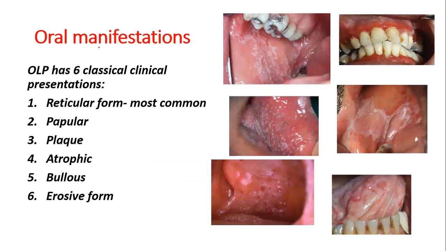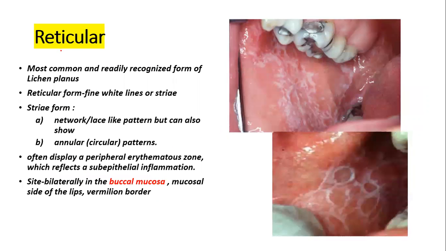So getting into the oral manifestations, OLP classically has 6 clinical presentations, which is the reticular, papular, plaque, atrophic, bullous, and erosive form. Looking at the reticular form, this is the most common and readily recognized form of lichen planus. It is characterized by white lines or striae, right?